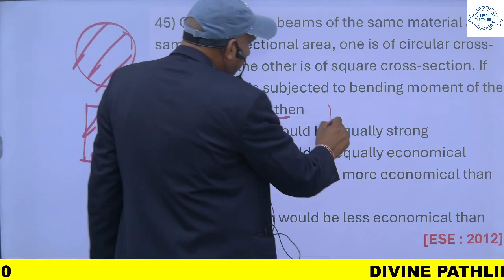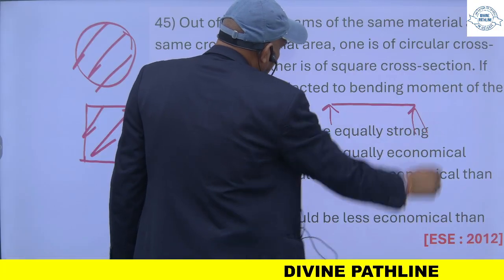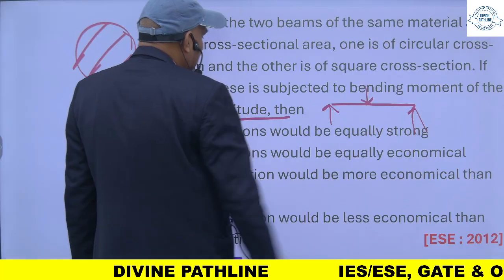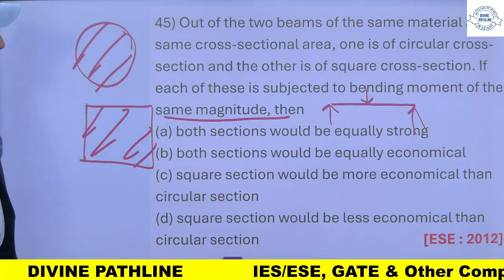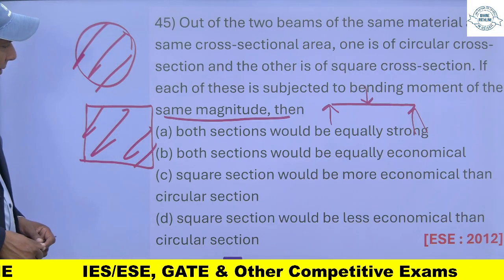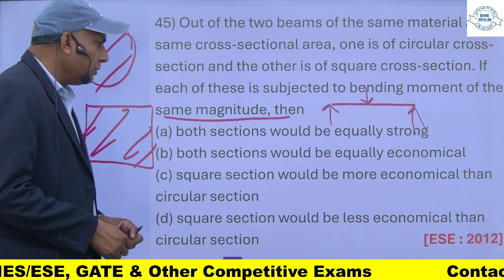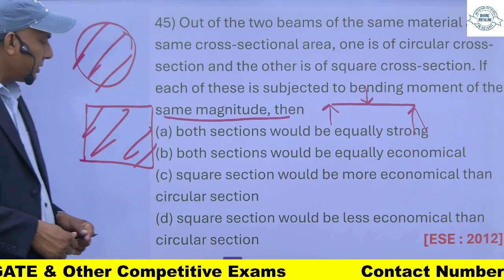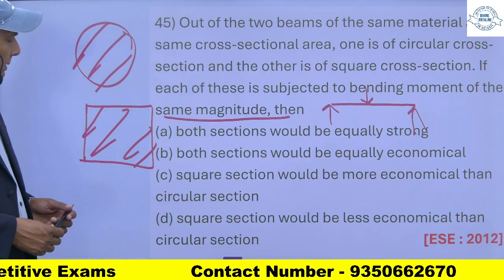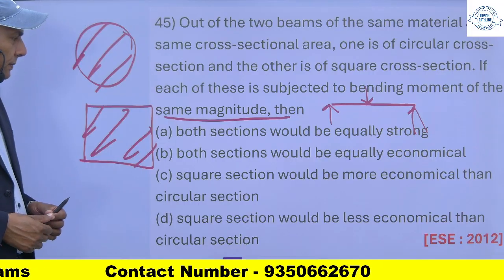So both are subjected to the same bending moment. Then both sections would be equally strong, both sections would be equally economical; square section would be more economical than the circular section; square section would be less economical than the circular section.